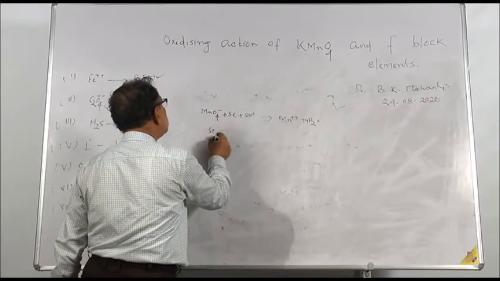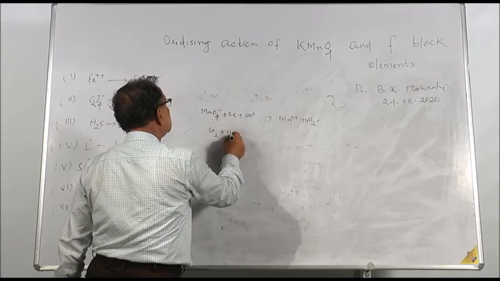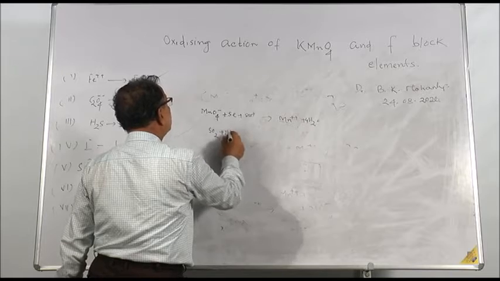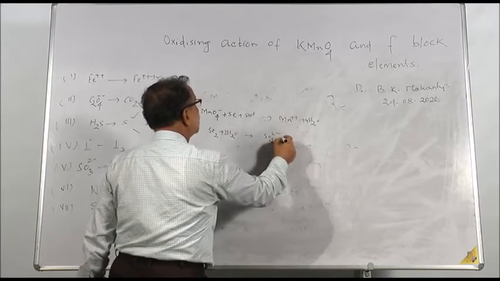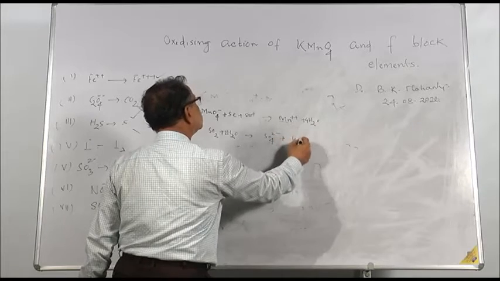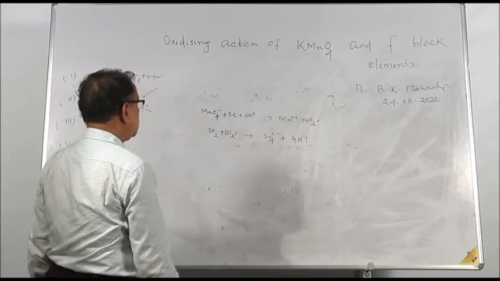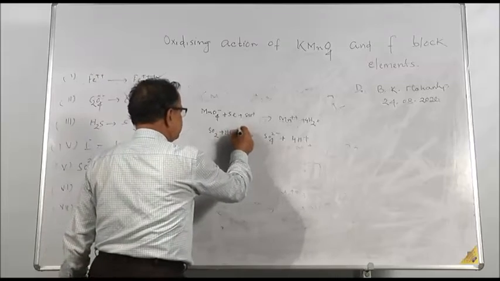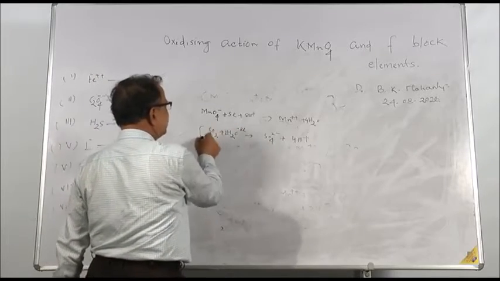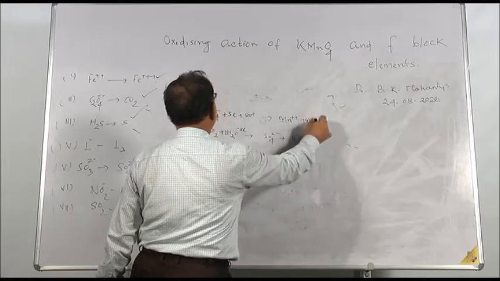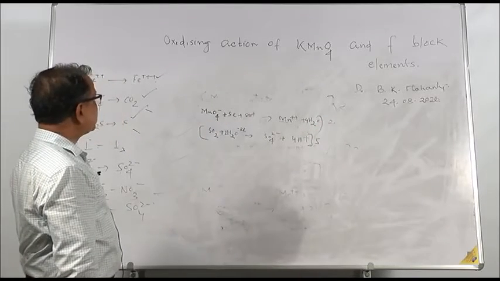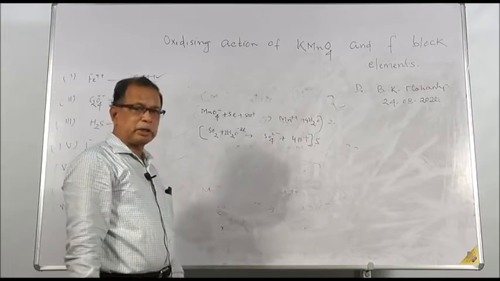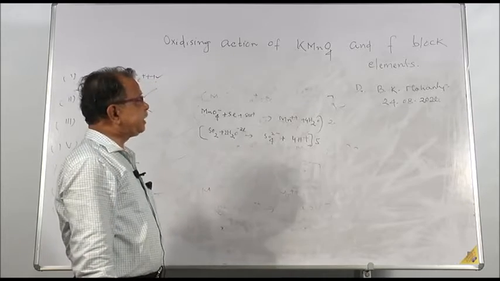SO2 plus 2H2O forms SO4 2 minus plus 4H plus. So here we have minus 2e. Multiply this by 5 and this by 2 and add the equations. So this is all about the oxidizing action of potassium permanganate in acidic medium.